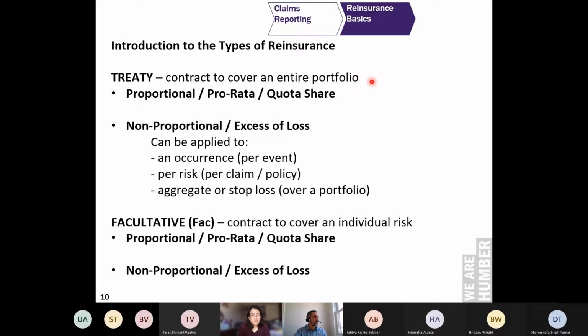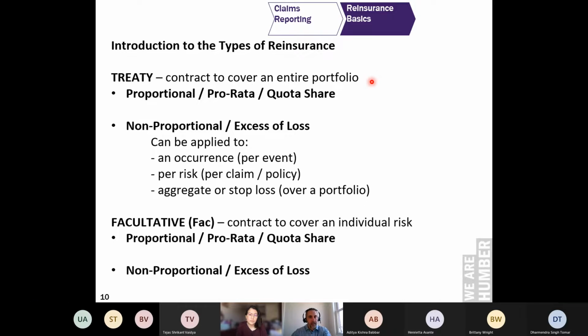It could be Ontario Auto. It could be anything I write with a broker X, or through an MGA. It doesn't really matter what the portfolio is. The idea is that it's a set description that the insurance company and the reinsurers agree on, and anything the company writes that fits that description is automatically included in the treaty.